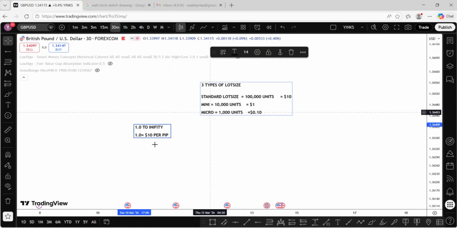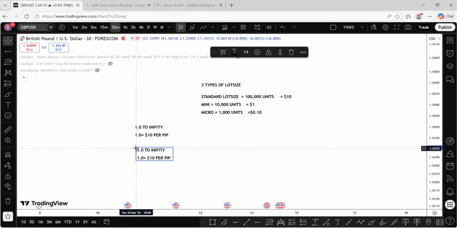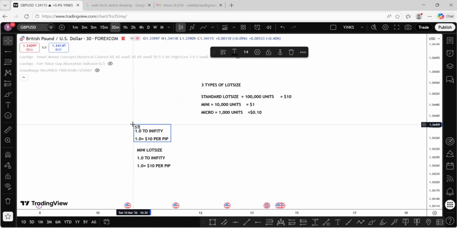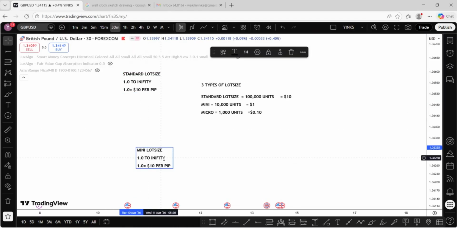Now, let's go to mini lot size. Now, for the mini lot size, it starts from what? 0.1 to what?